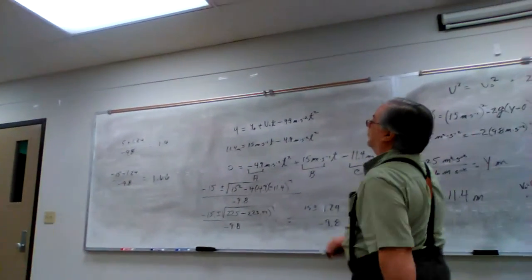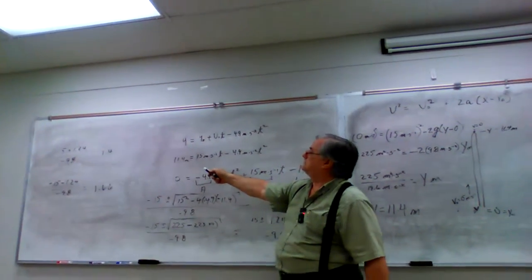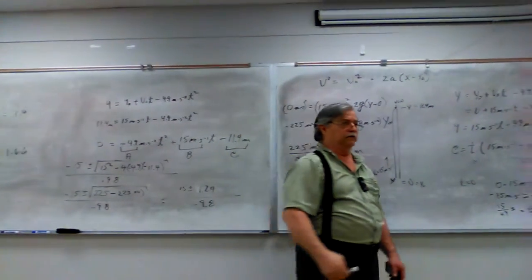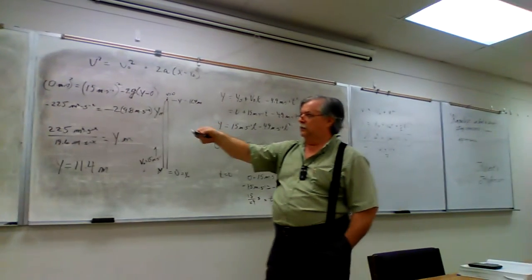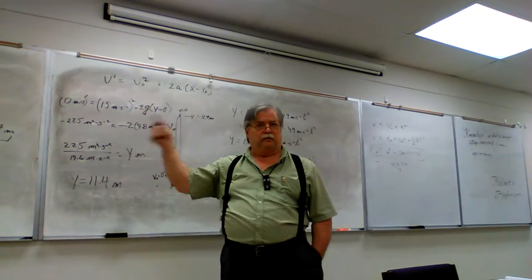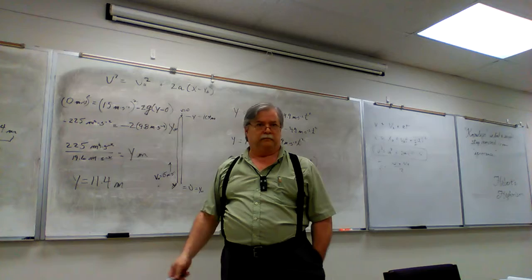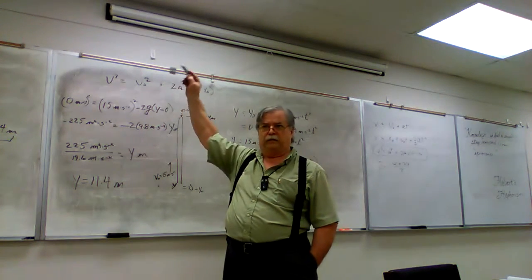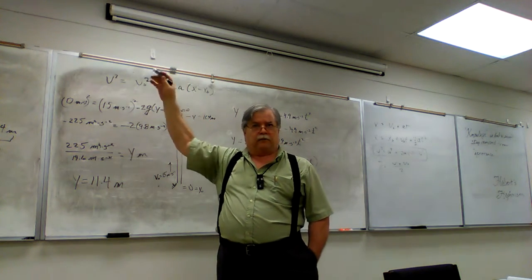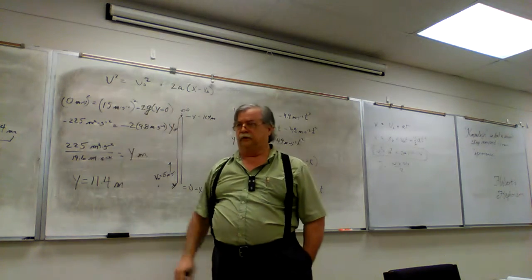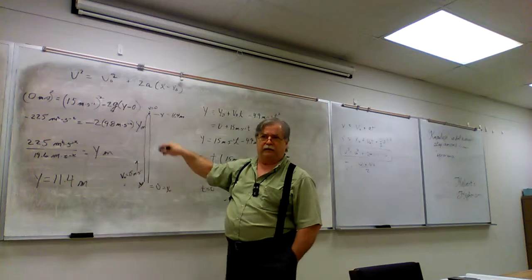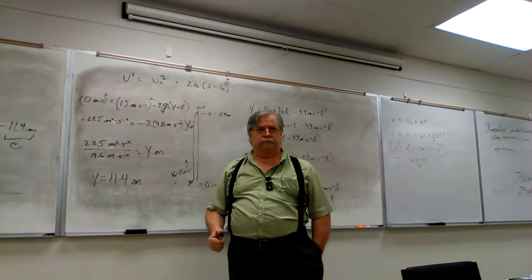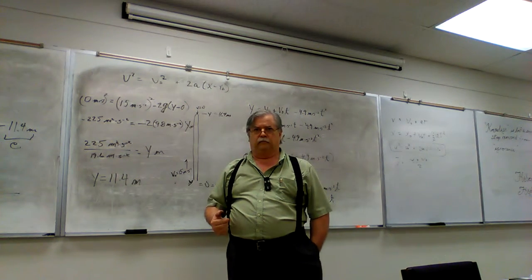So the point is that we found out that the two branches are not the same time, that it doesn't reach the apex at the middle of the time. The total time it spends in the air is not equally divided between the two branches. Right?